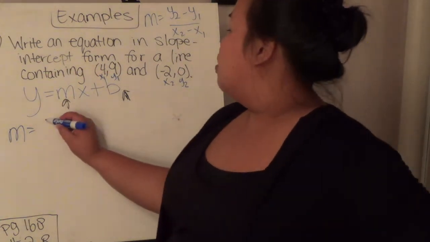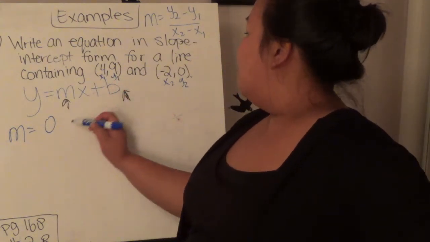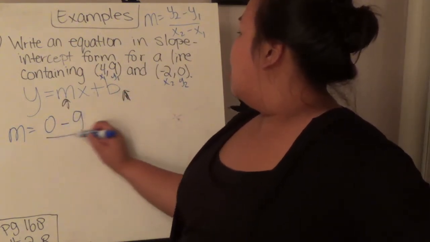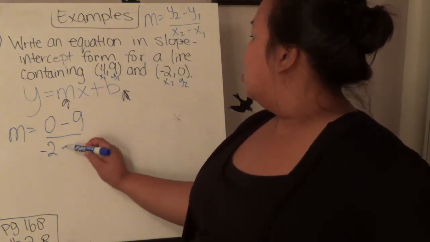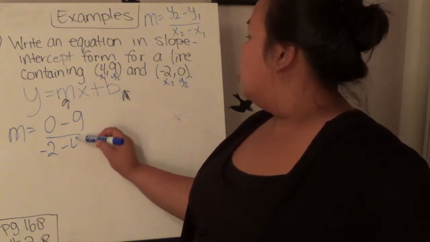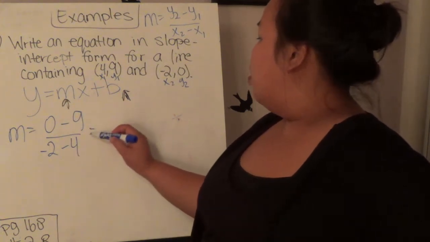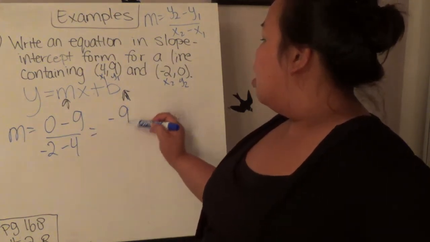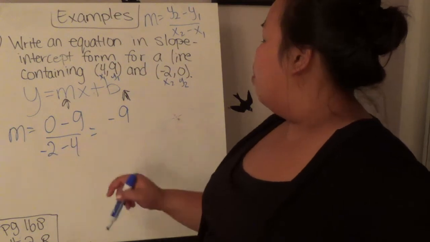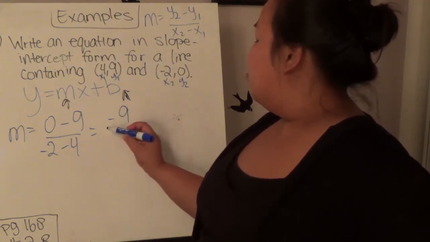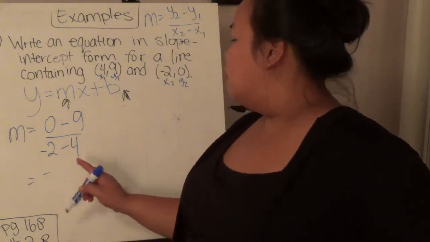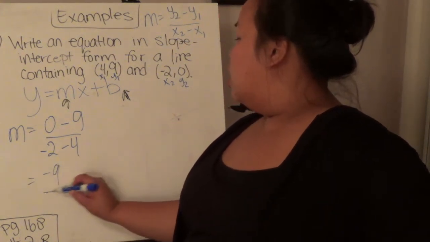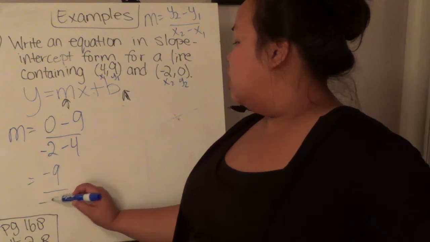So y2 is 0 minus y1, which is 9, and then x2 is negative 2 minus x1, which is 4. So we have negative 9 over negative 2 minus 4, which is negative 6.